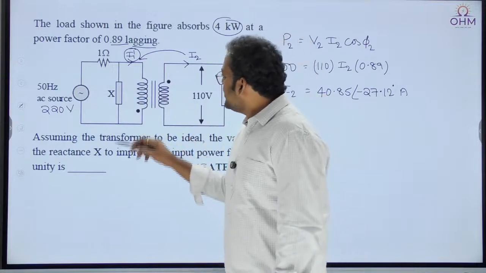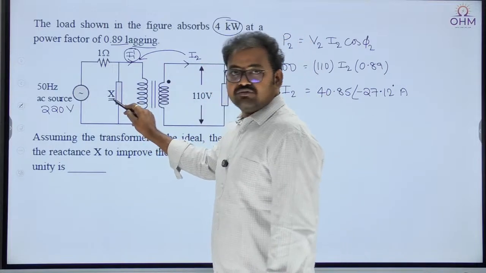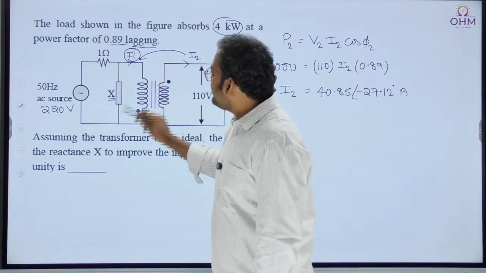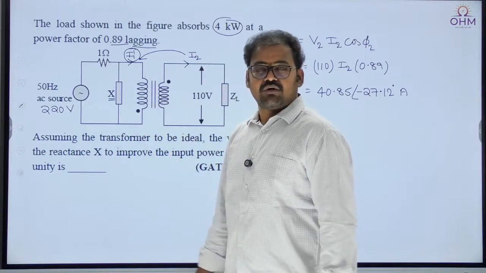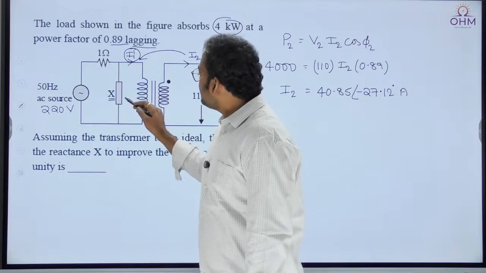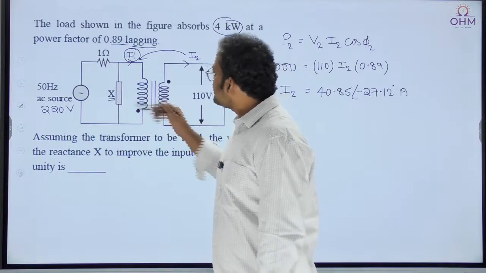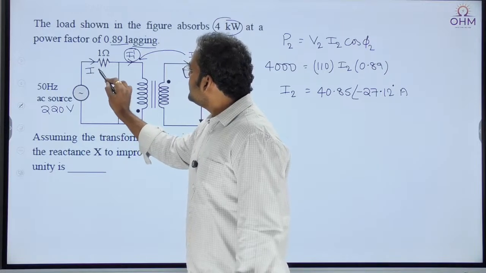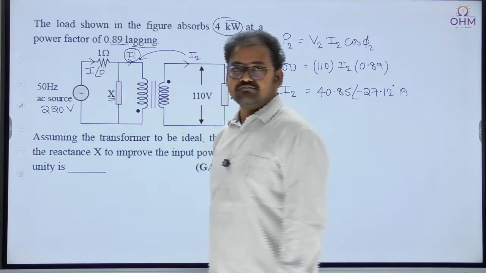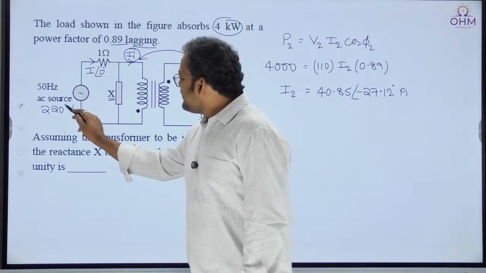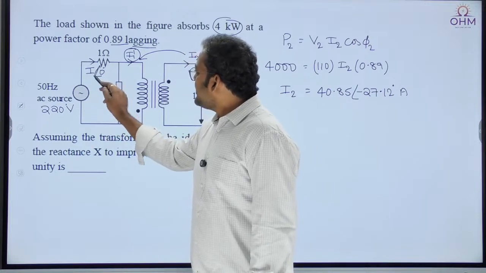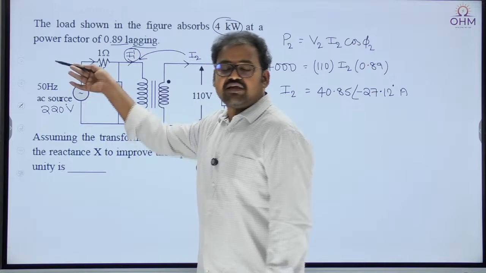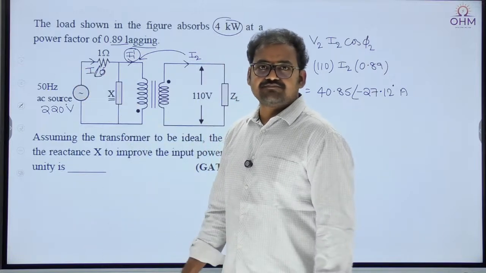Now the question is, what is the reactance X value so that the overall power factor becomes unity? To understand the overall power factor to be unity, a very simple thing is, the total current, let us say total current I, should be at an angle 0. Because the supply voltage will be at an angle 0, if the supply current is also at an angle 0, then only I can say the overall power factor is unity.